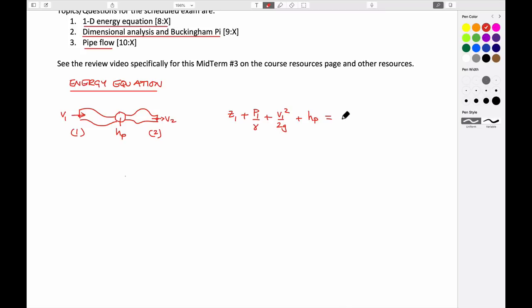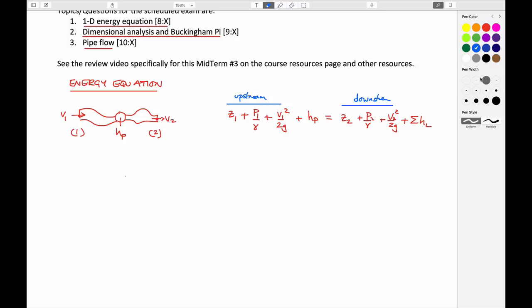And this is equal to the downstream behavior, which is the elevation head, the pressure head downstream, and the velocity head downstream, and the sum of head losses within the system. So typically this has to be written for the upstream portion, and so it's no different from Bernoulli in that. It has to define the downstream portion.